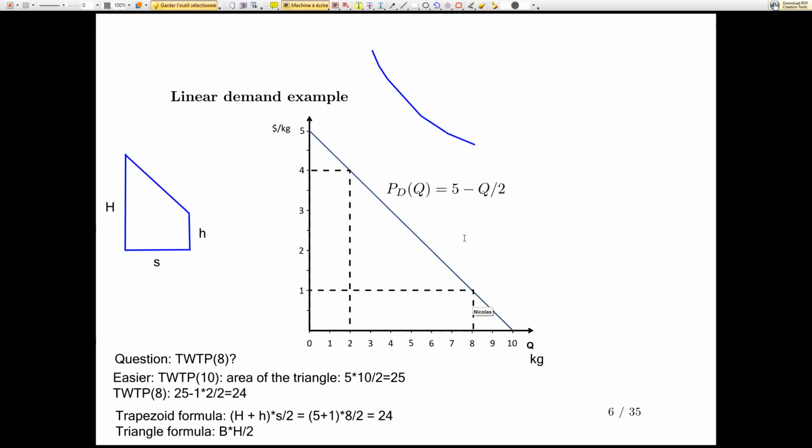But if it's anything else, like if this is Alice, and Alice decides that she likes it less than she used to, so that's a change in taste, and there's no taste on that axis. So whenever it's something that's not quantity demanded or price, then it's going to move the curve. Here it would move the curve downward, for instance.